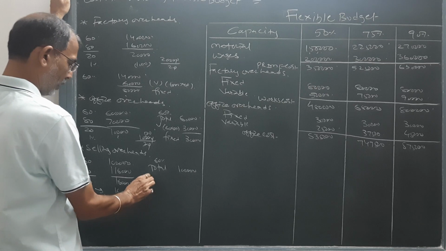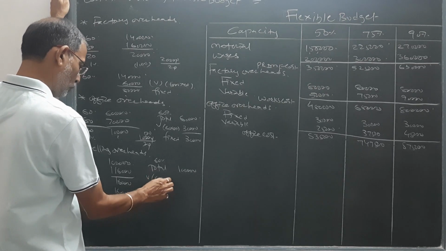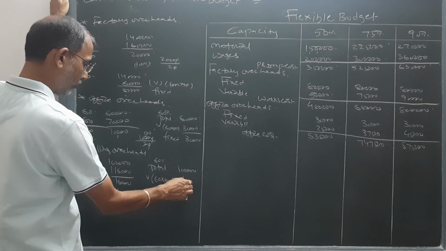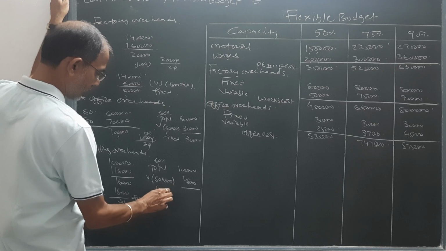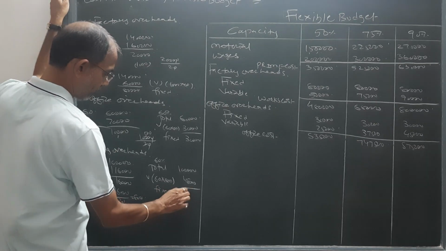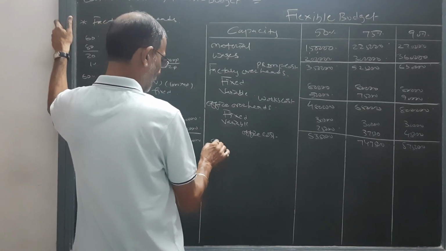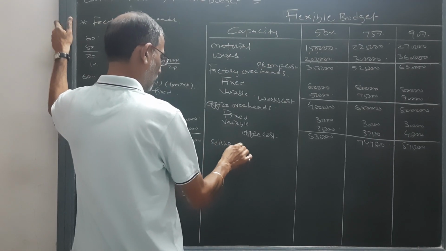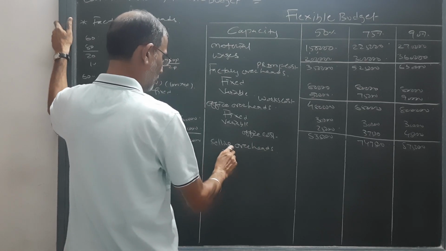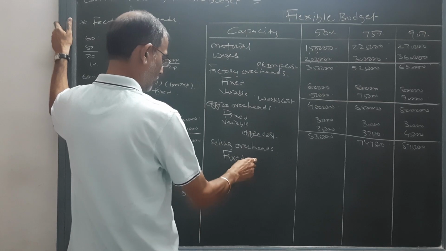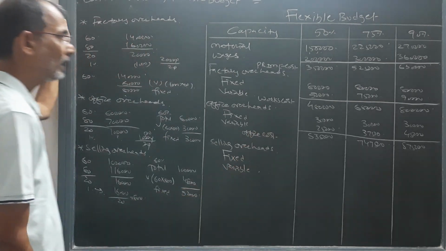Now variable 60 into 800, that is 48,000, so fixed will be 52,000. Selling overheads: fixed, variable.